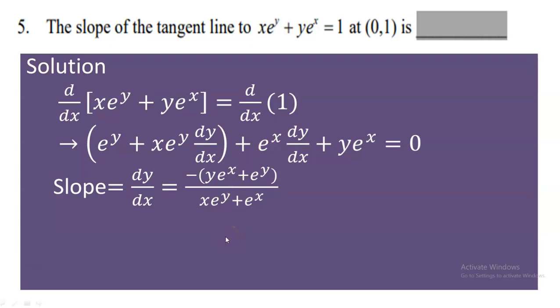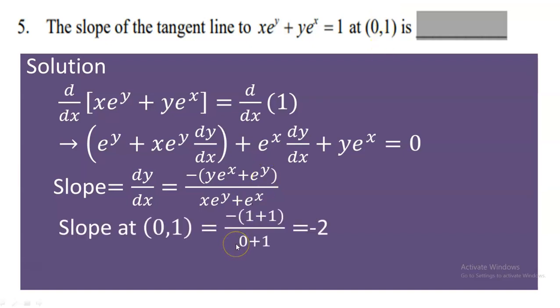Now look, we are interested to know the slope at a particular point, and the point here is (0, 1). In order to know the slope, you need to substitute 0 in place of x here and 1 in place of y here. In doing so, you can obtain the slope at (0, 1) as you see. When you put 0 in x, e to the power of 0 makes 1, and 1 times 1 is 1. And here y is what, students? 1 again, so this is going to be e.